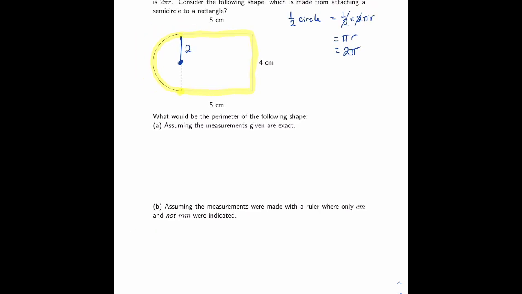And this is assuming that the measurements are exact. So if the measurements are exact, I would have 2 pi plus 5 plus 4 plus 5, which is 14 plus 2 pi.